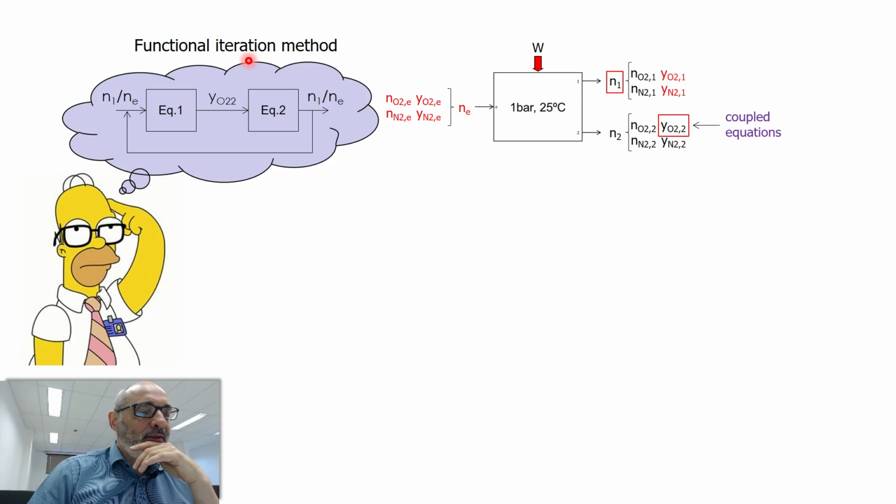The idea of this method is, if you have a set of equations, let's say 2 equations, you make an estimation of your variable, for instance, and the idea is to manipulate the equations so that you recalculate the variable that you estimated in the first place.